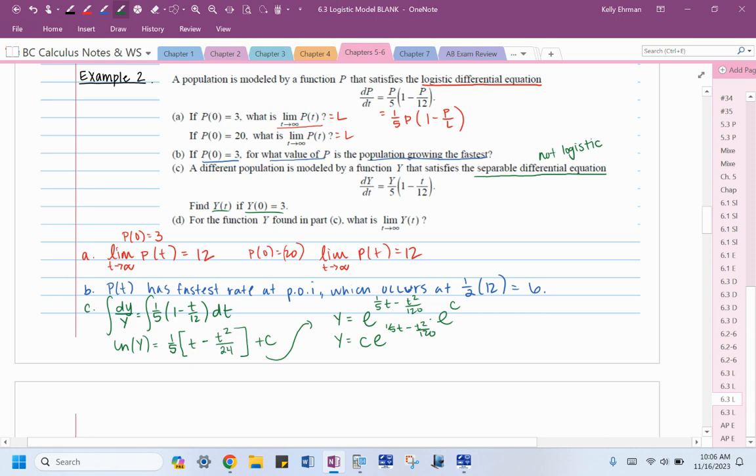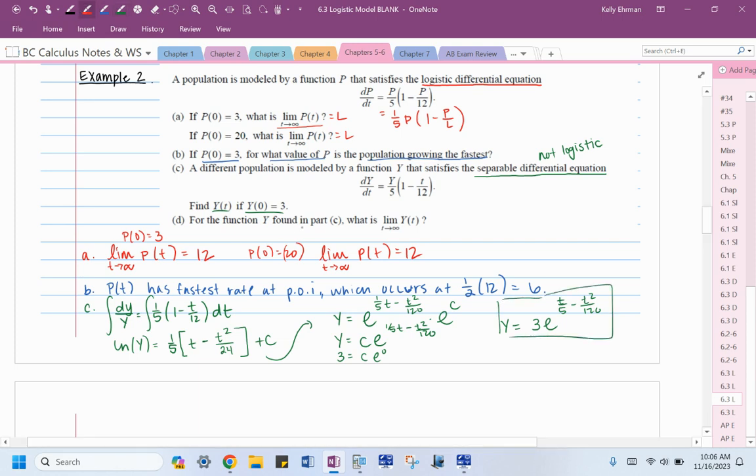Plug in the condition 0, 3. So y equals 3 times e to the t over 5 minus t squared over 120. That's our model for part C.